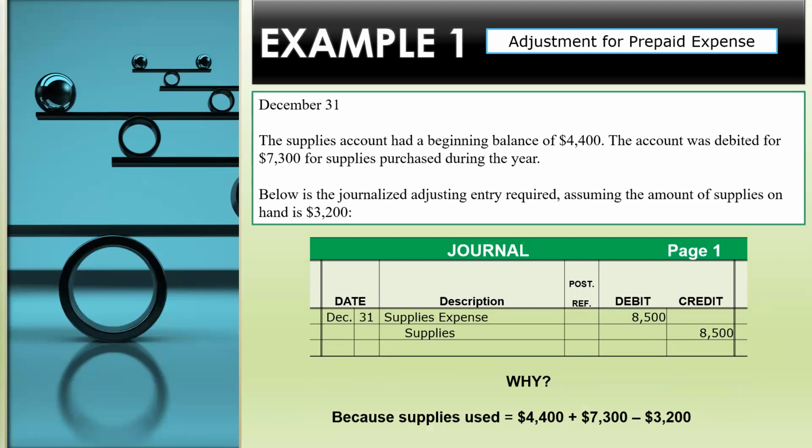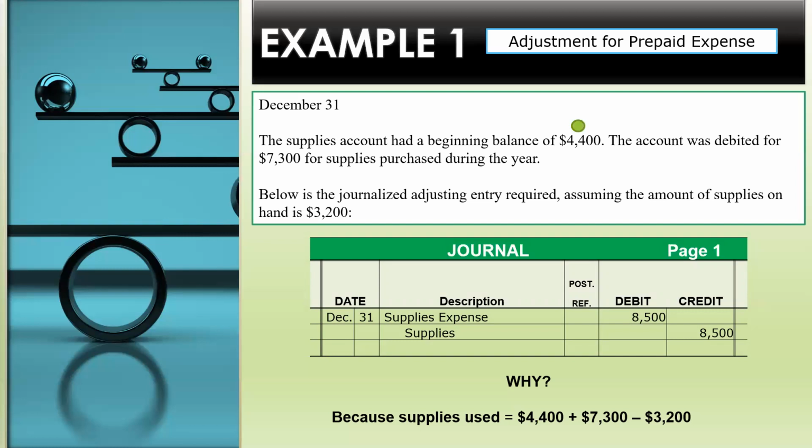Now here you can see the journal entry. This is the adjusting entry. We've got a debit to supplies expense in the amount of $8,500. And then we have a credit to supplies in the amount of $8,500. Why? Where did we get $8,500? Well, this adjusting entry needs to reflect the amount of supplies used.